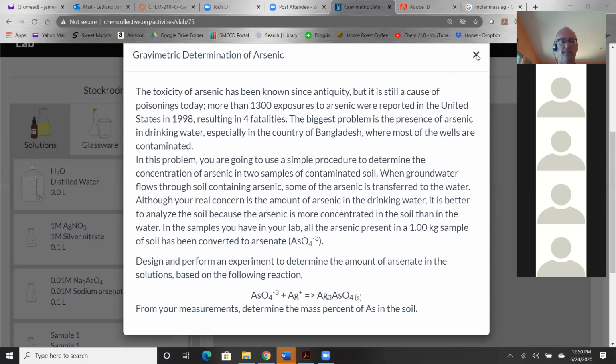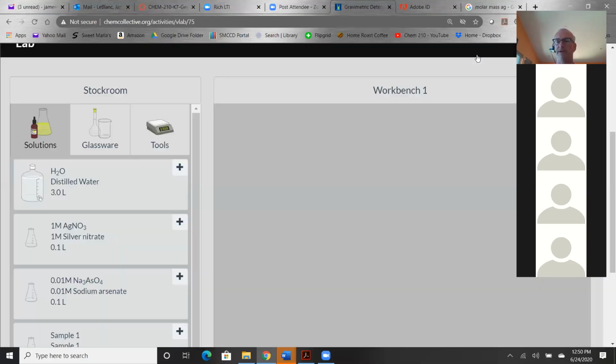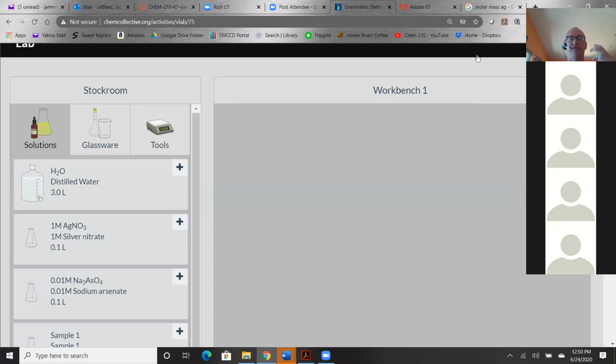All right, so let's share the screen again. Here's our workbench. And we're going to do a couple of test reactions first before you go and try and figure out how much arsenate is in unknown samples.